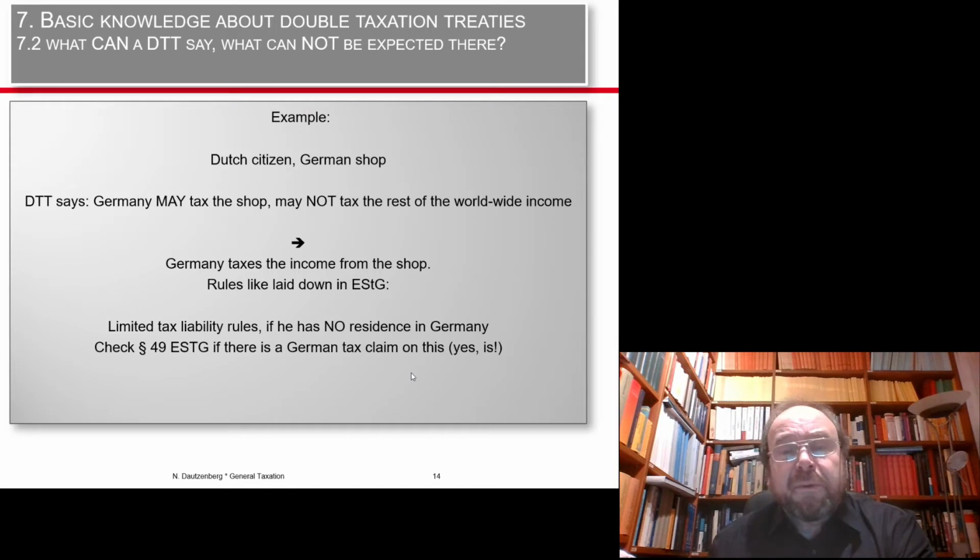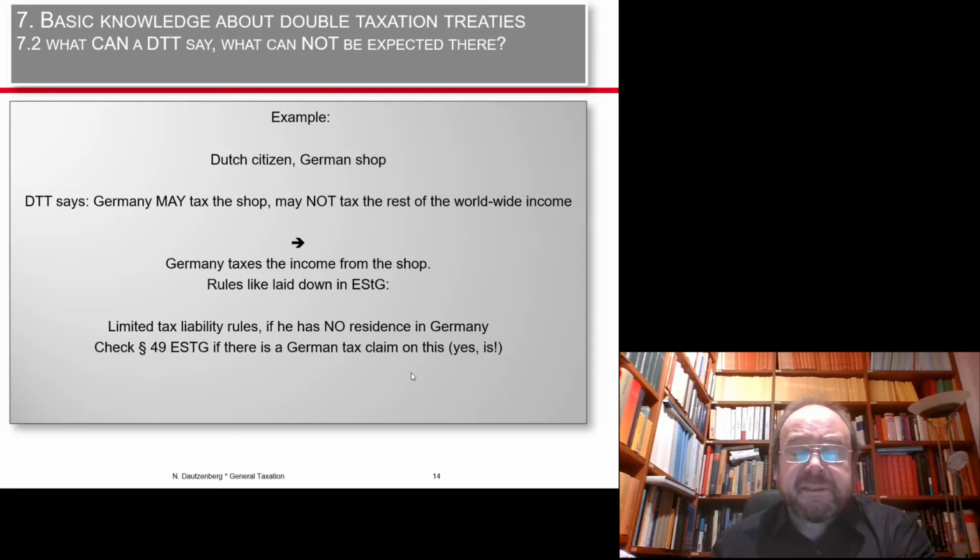So you would now open the Income Tax Act, the ESTG, look into it, and find out the Dutch person is a limited tax liability taxpayer. If there is not even a secondary residence in Germany, then you look through paragraph 49.